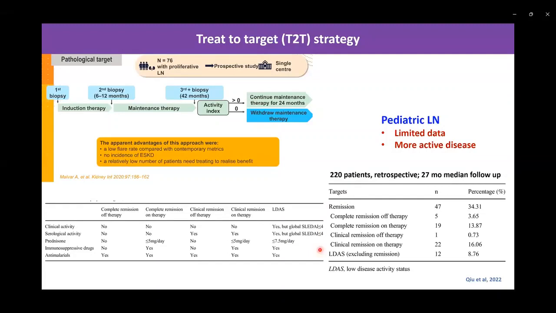And when the patients were classified accordingly, the authors found that patients entering remission were only 1/3 of the total population, and hardly any patients had a low disease activity status. So the authors concluded that pediatric lupus is probably a more active disease, and more data is required before such treat to target strategies are widely adopted in clinical practice in pediatrics.